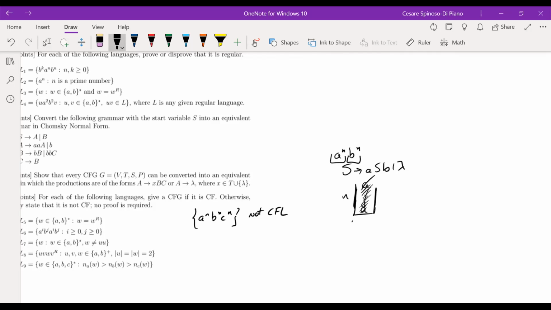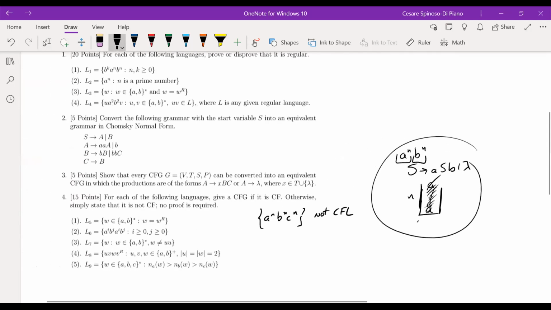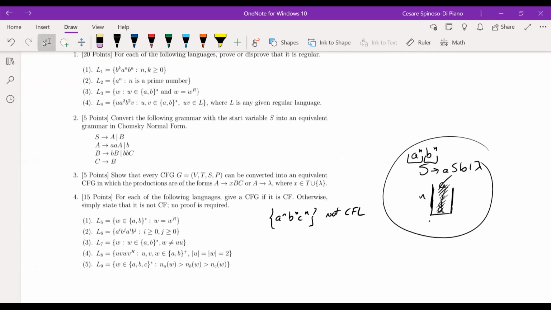So then you can do this for this language. And so you'll see tonight probably that if you can create a pushdown automata, then it also means that it's context free, okay?